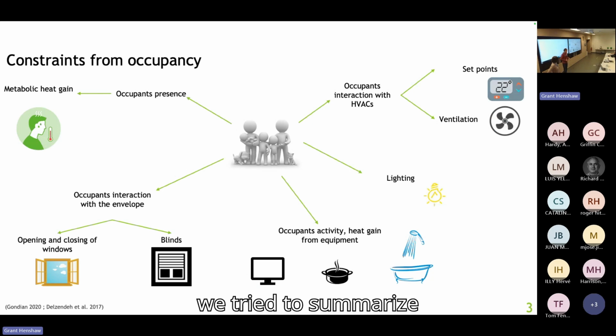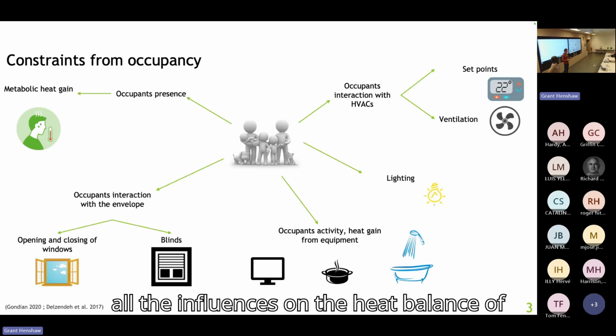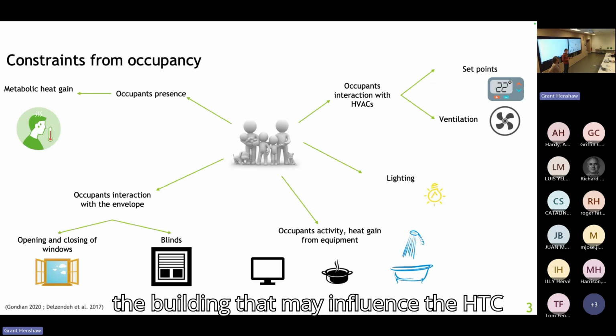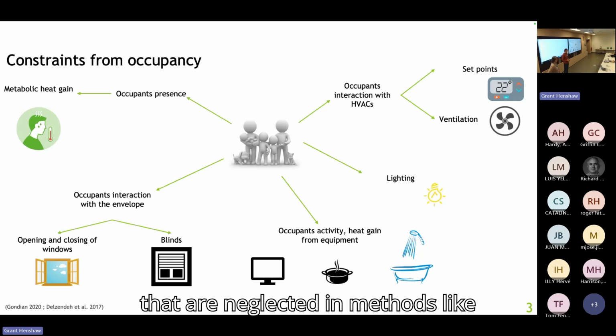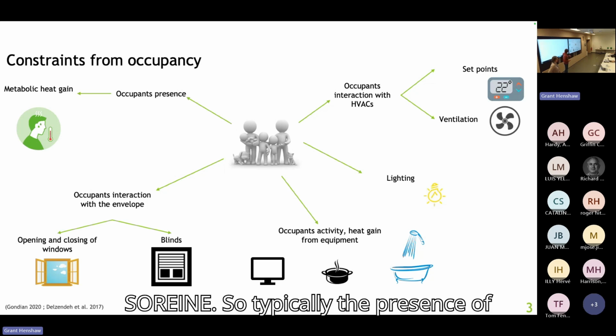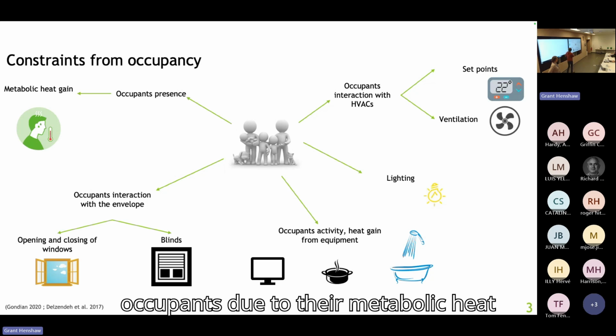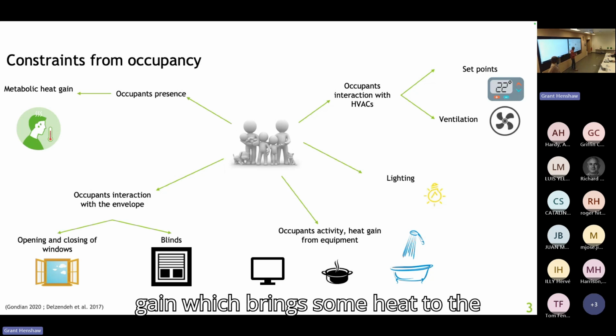So we tried to summarize all the influences on the heat balance of the building that may influence the HTC estimation during occupancy, those things that are neglected in methods like Siréne. Typically the presence of occupants, due to their metabolic heat gain, will bring some heat to the balance.